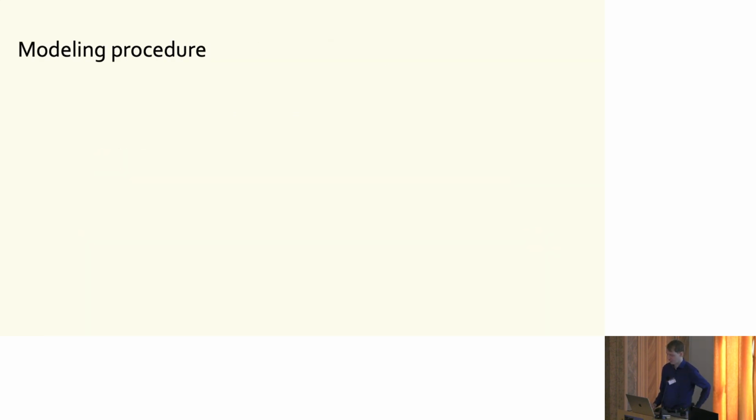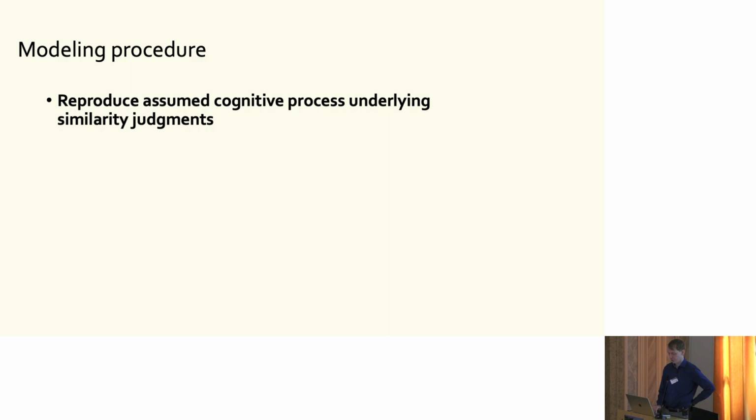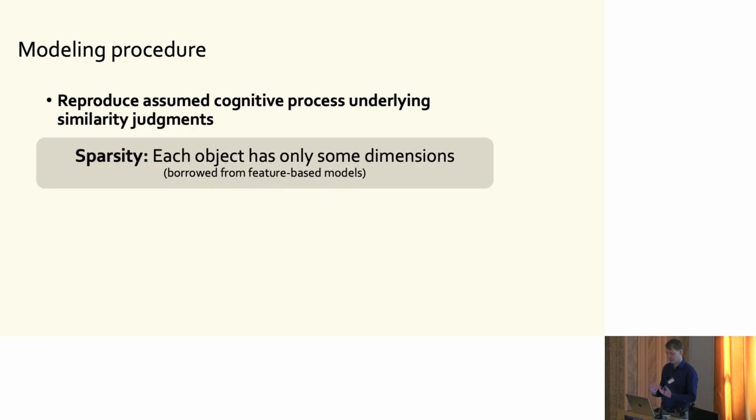Okay, so we are also building a computational model of this task, and I also want to give you some reasoning for why we do this. Our idea is that we want to reproduce the assumed cognitive process that's underlying these similarity judgments. Of course, with such a model, we have to make some assumptions. One of the assumptions that we put in is sparsity. That means that objects only have some of these dimensions.